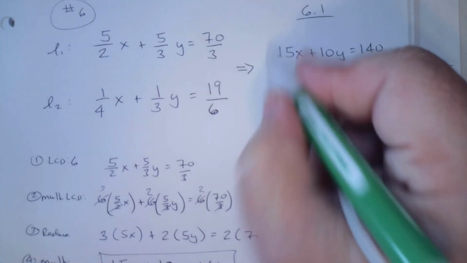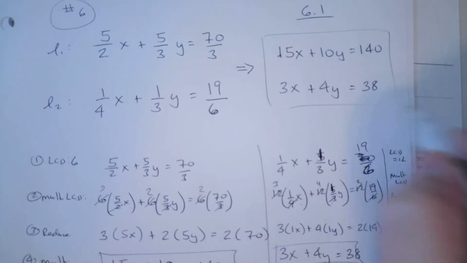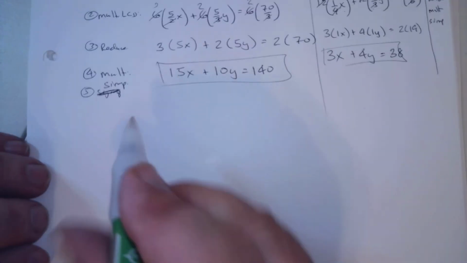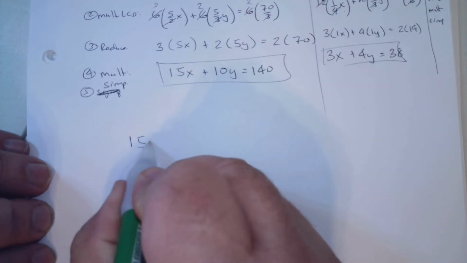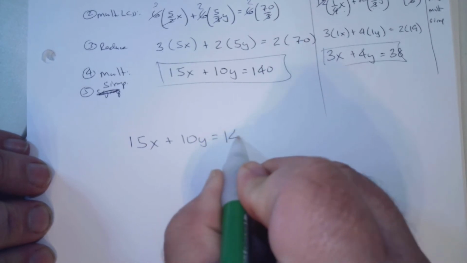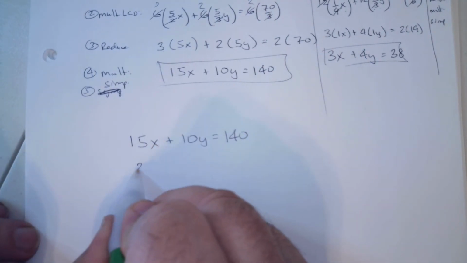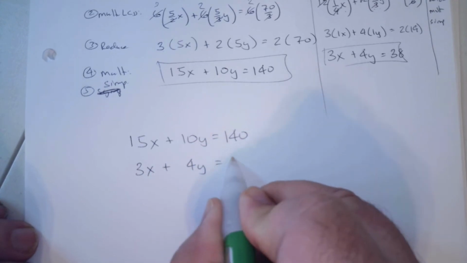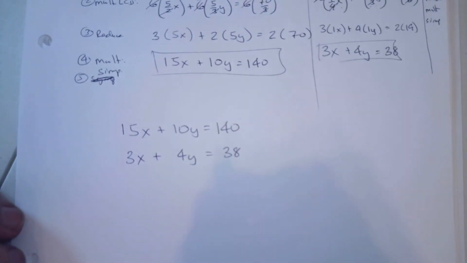Since these have no fractions in them, it's going to give us the same answer. So let's look at those. We have 15x plus 10y equals 140, and 3x plus 4y equals 38. We're using elimination, so let's pick a variable to get rid of.